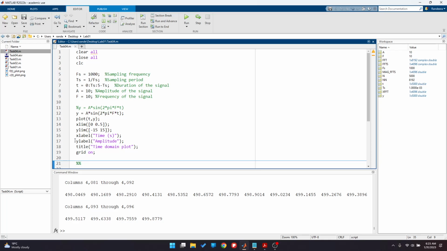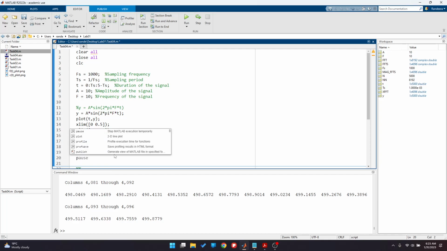But I will use a specific command that we used earlier in the previous task to save these two images as high resolution PNG files. So I will say print GCF. This will be time domain.png.